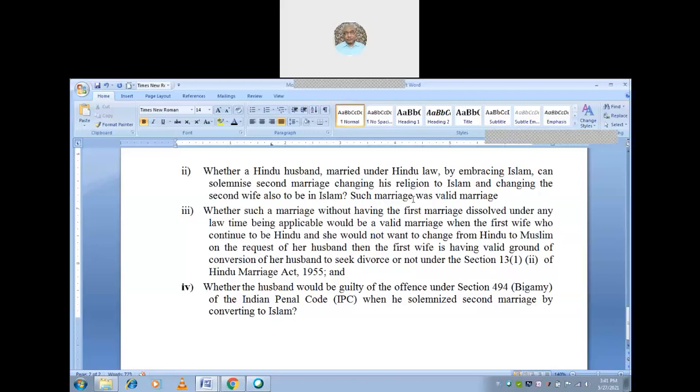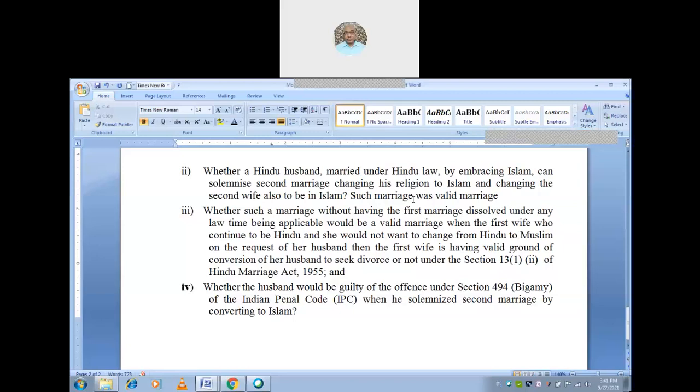So, having two children, of course, for the first wife there is no clear mention whether he has a child or not. And the divorcee, having two children, her name is Vinita, but he changed it to Hanna Begum, then he married her. At that instance, when you are arguing on behalf of the petitioner, we can say that he cannot change religion without the consent of the first wife, number one.